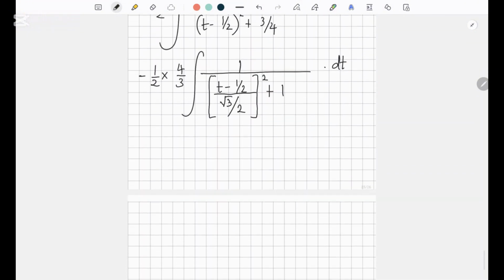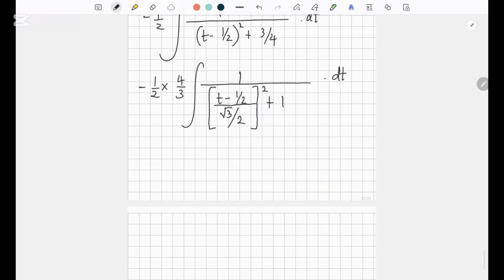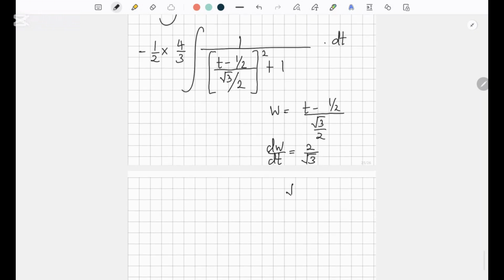Now let's take a substitution of w equals t minus half over root 3 over 2. So dw over dt equals 2 over root 3. I just took the reciprocal. Differentiation of t is just 1, so you could write root 3 over 2 dw equals dt.